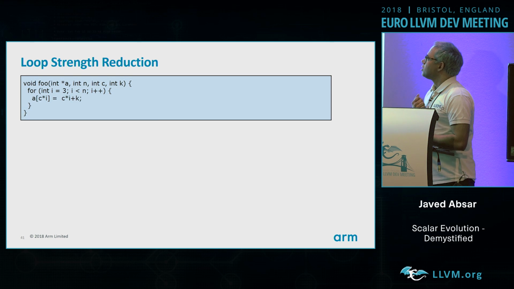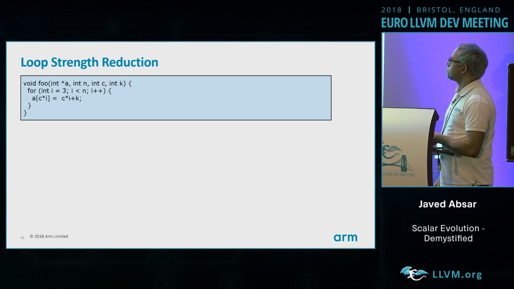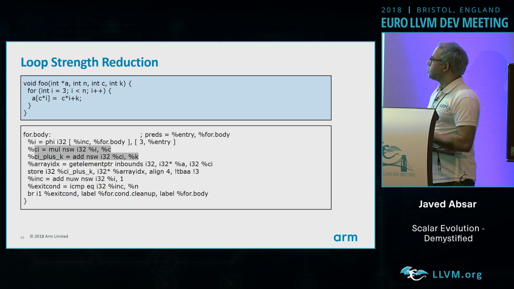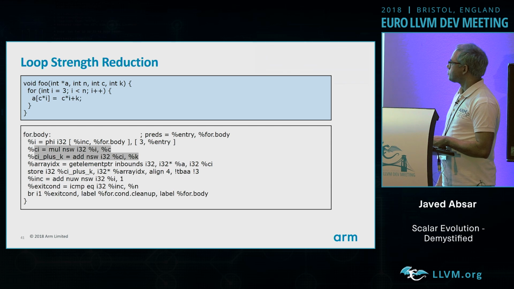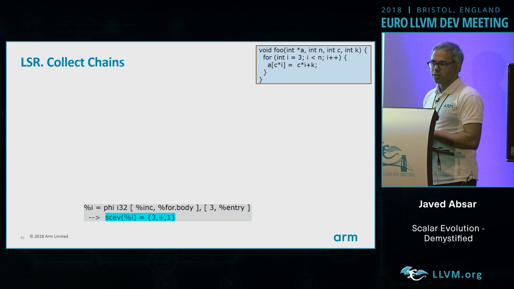So I'm going to look at loop strength reduce and those things we saw before with this example. It's no coincidence there's a Ci here and a Ci here, because we want to see how it magically uses a commonality between these two. So the first thing it does, takes the LLVM IR and does what it does best, builds the SCEV expressions for it.